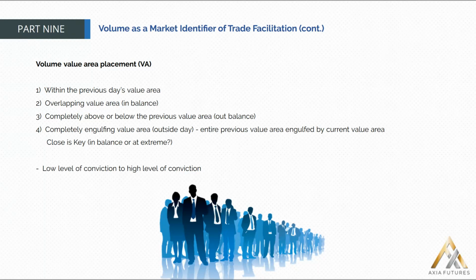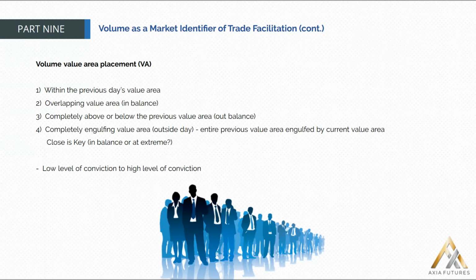Now, there are 4 basic ways in which a value area can be placed relative to the previous day. I'm going to show them to you from a low level of conviction to a high level of conviction. By conviction, I mean initiative or bias being shown, or strong early clues being shown from the market.